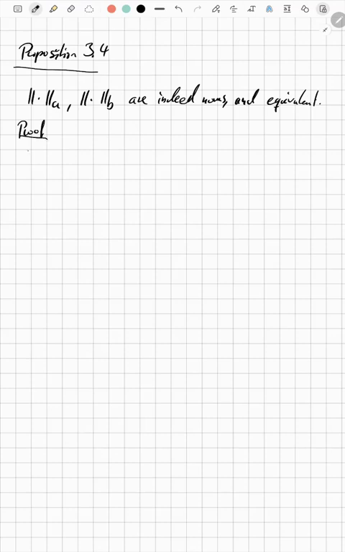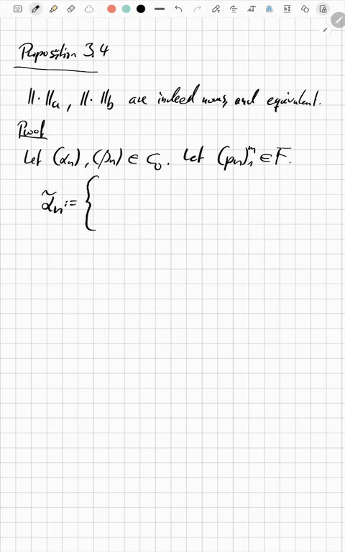For the proof, let alpha_n and beta_n be elements of c_0. And let p_n be some of these indices. Then we set alpha tilde_n to be alpha_{p_n} minus alpha_{p_{n+1}} for n between 1 and m minus 1.